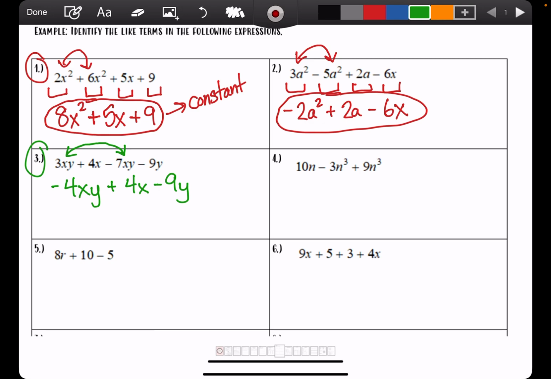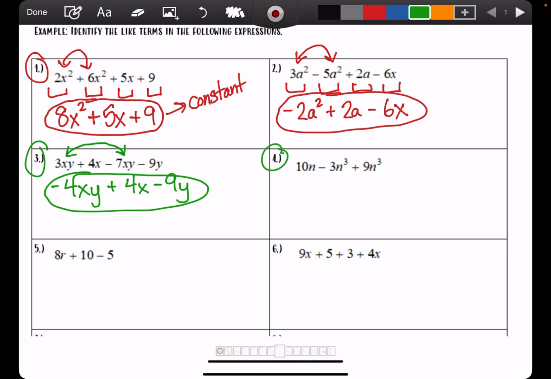Well, 4x has x in it, but it doesn't have a y with it, so I cannot combine these two terms. And negative 9y doesn't have an x. So I can't combine any more. There are no more like terms here. This is my final simplified expression.